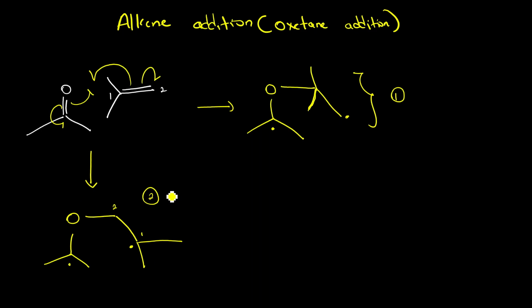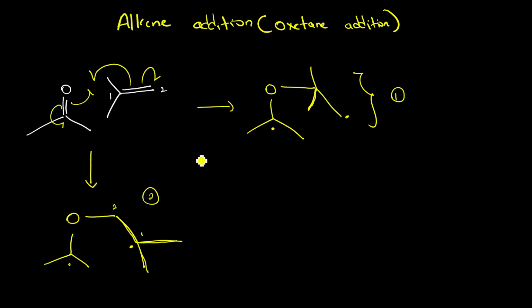When you compare these two products, this product is much more stabilized compared to the first one. Why? This radical has three consecutive R groups, so it's much more stabilized. Here the radical has only one R group, its primary position. Here you have a tertiary position, so this radical is much more stable.